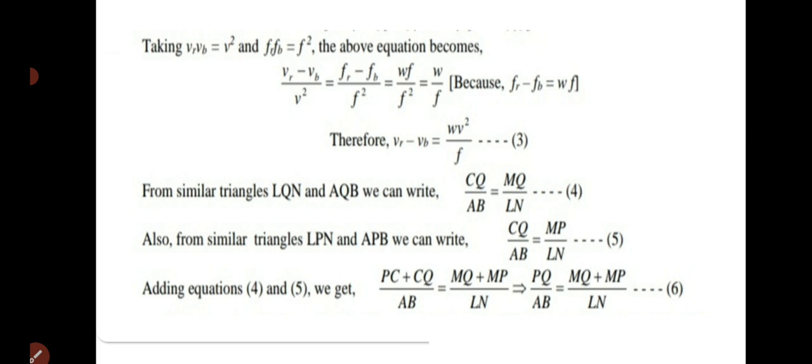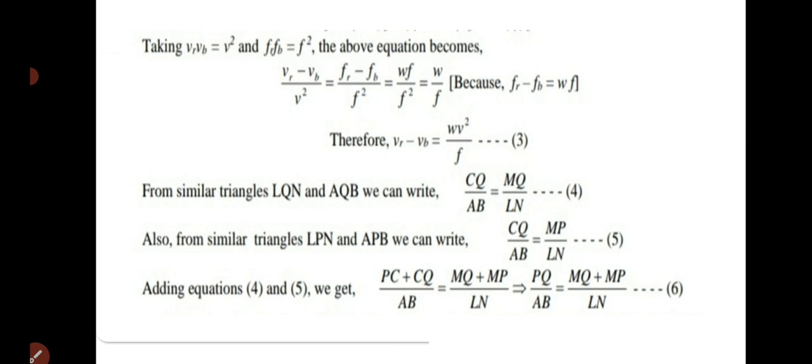Taking VR into VB equal to V squared and FR into FB equal to F squared, the above equation becomes (VR minus VB) divided by V squared is equal to (FR minus FB) divided by F squared, which is equal to omega F divided by F squared, equal to omega by F, because FR minus FB is equal to omega into F. Therefore, VR minus VB is equal to omega V squared divided by F, equation number 3.